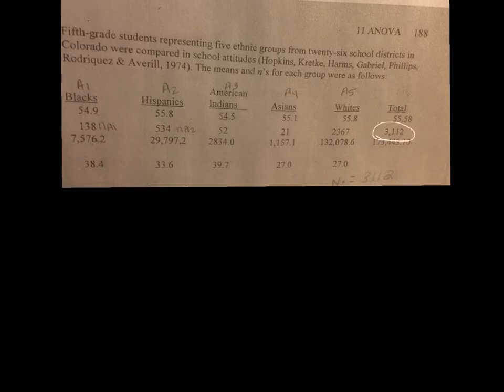There we go, the 3,112. They've already grouped the data and done a lot of the calculations for you that you would normally do for a smaller set of data. And so I think that's where the confusion comes from.